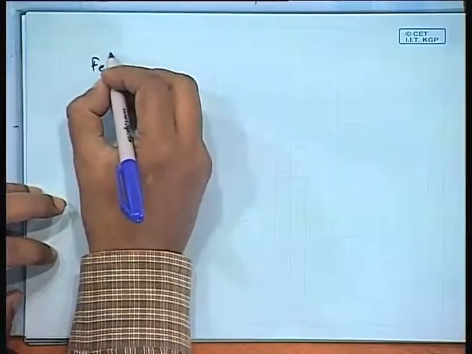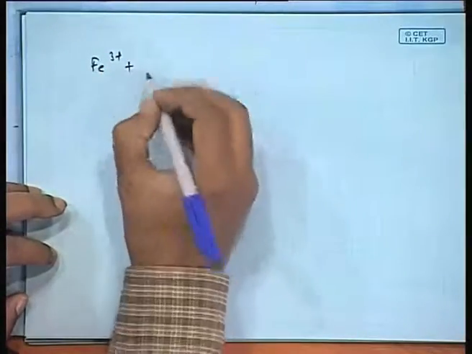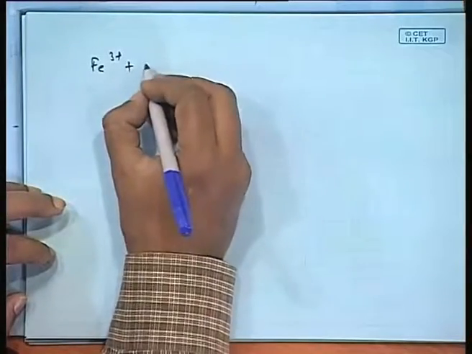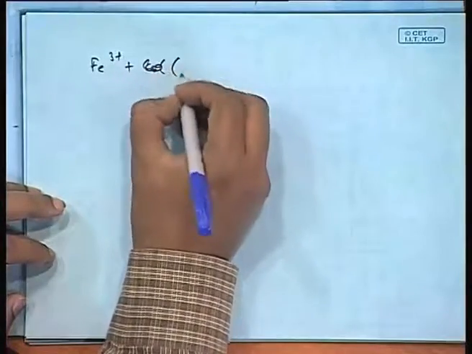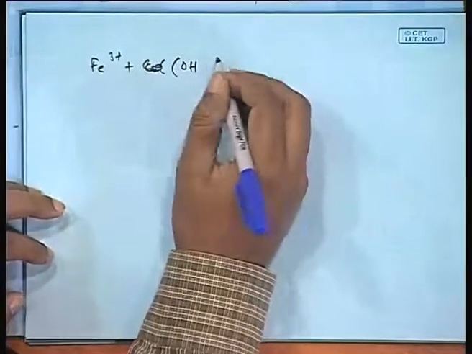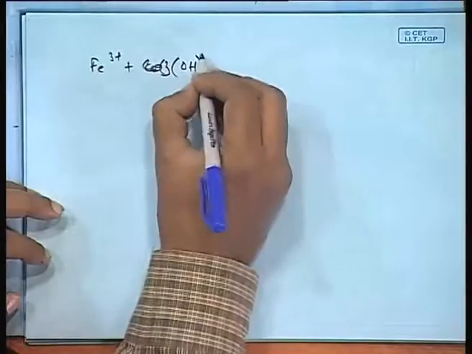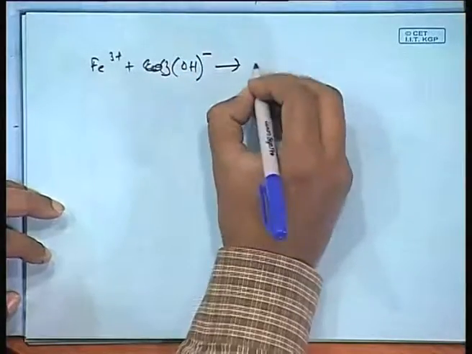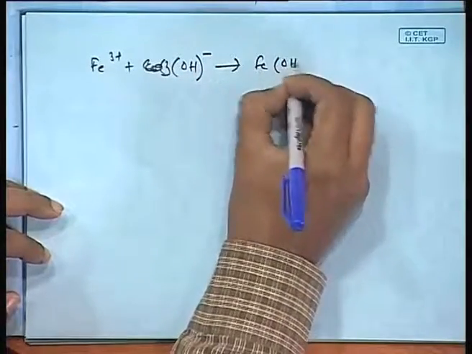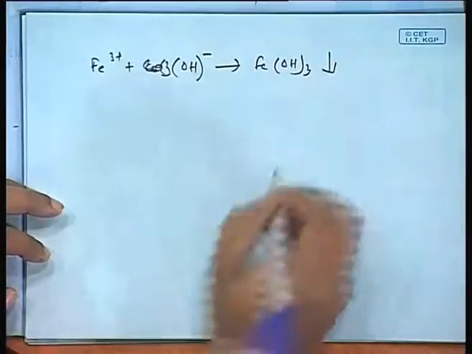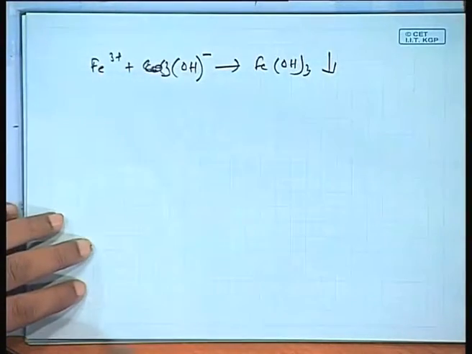We will find that Fe3+ with increased pH forms Fe(OH)3, which would be settling. We would also observe that ferric hydroxide deposition taking place.